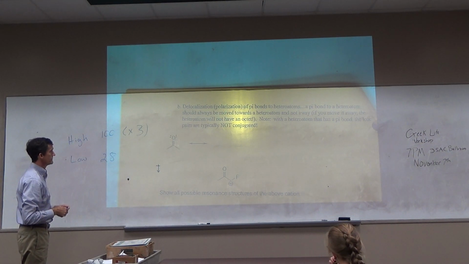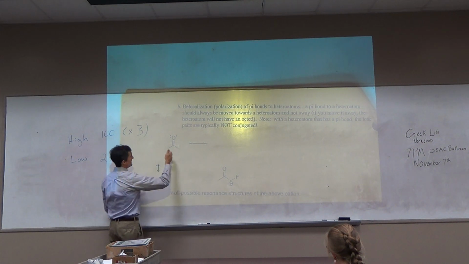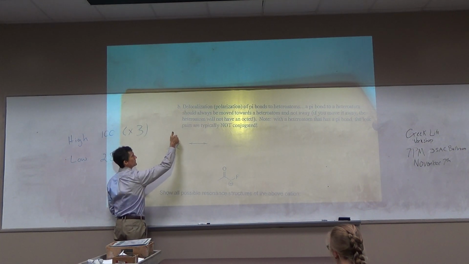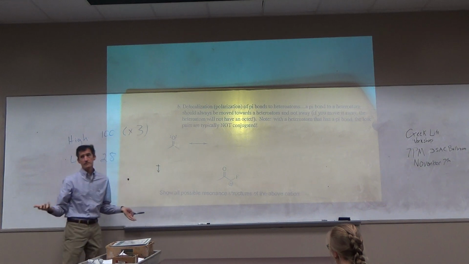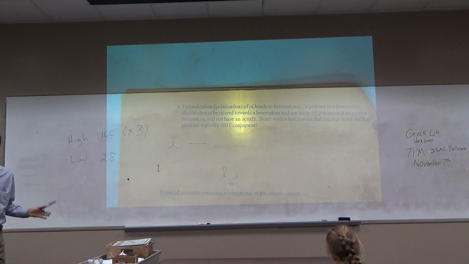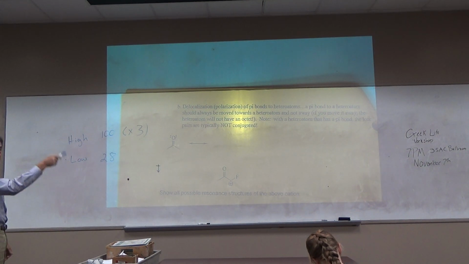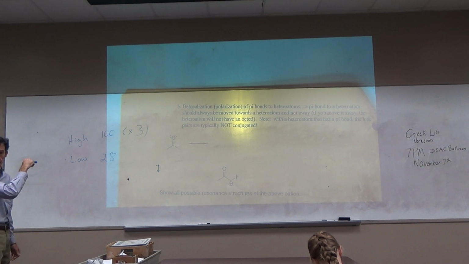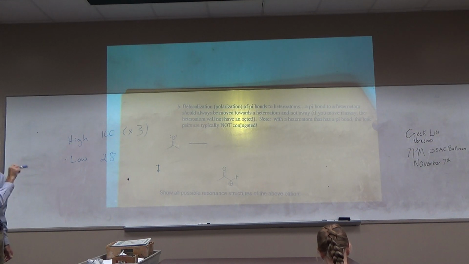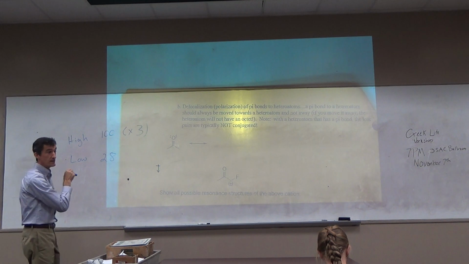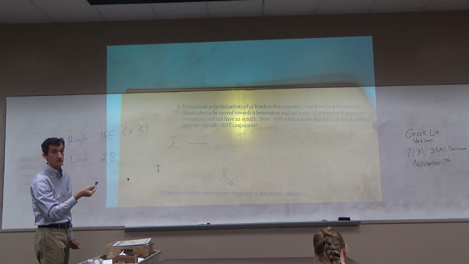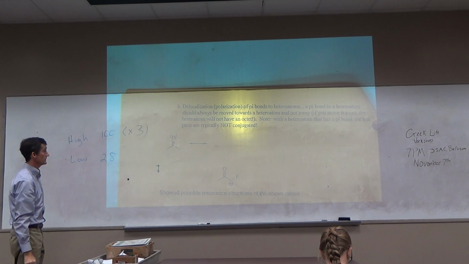Again, I see some students trying to do resonance with these lone pairs. The lone pair is not in the p orbital, so no resonance. Aniline on the previous page, the nitrogen lone pair is in a p orbital. Why? Because anytime a lone pair is next to a p orbital, it wants to be in a p orbital. We said that back in August.